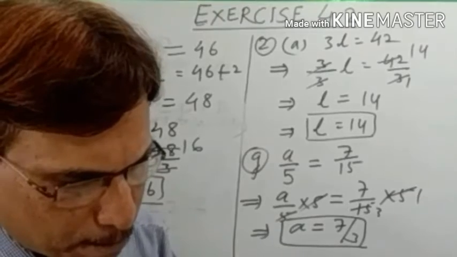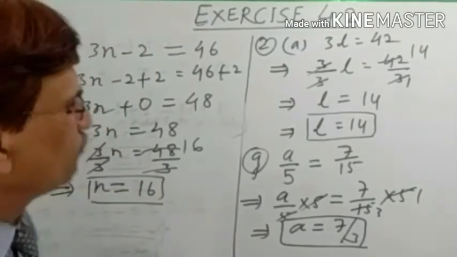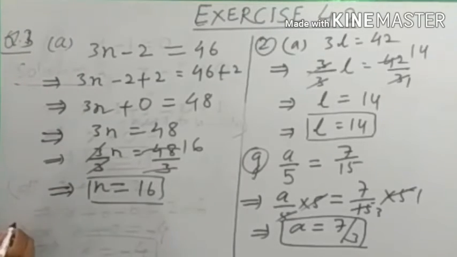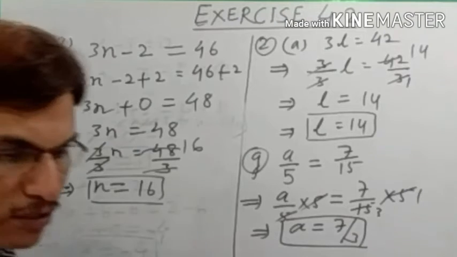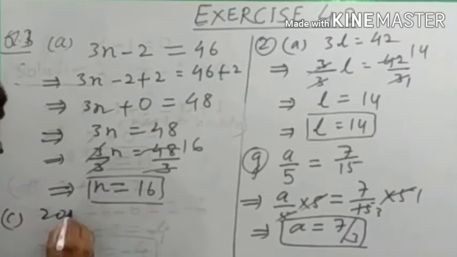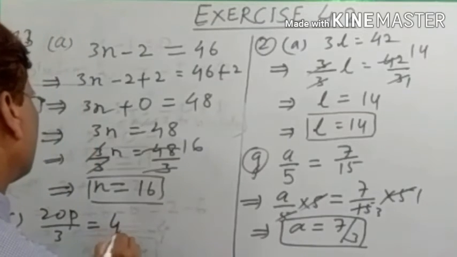Question number C. 20p upon 3 is equal to 40.